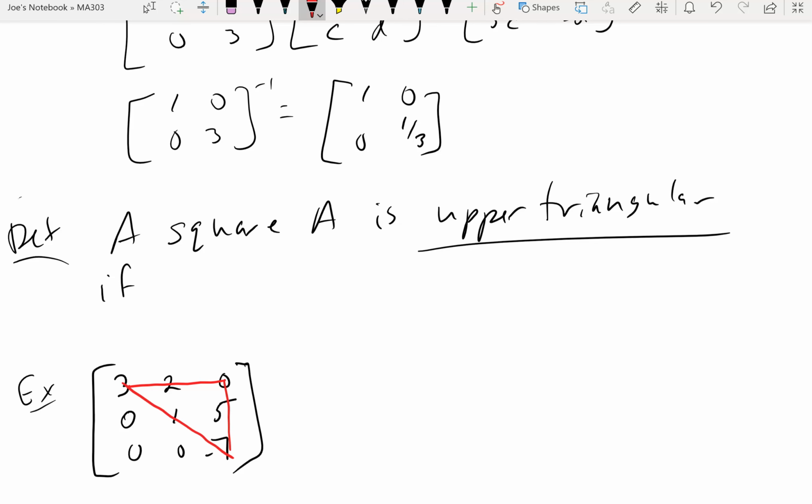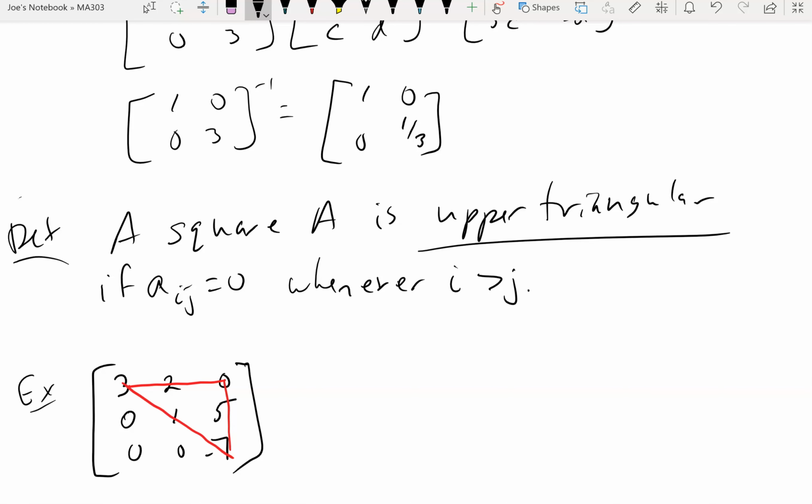So if we go back up to the definition, then A sub ij is 0 whenever the i subscript is bigger than the j subscript. The row subscript is bigger than the column subscript.